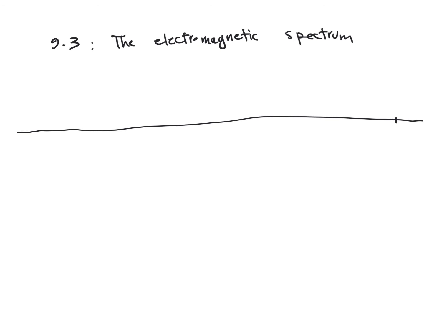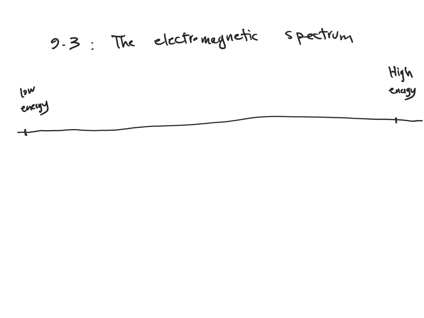And for the electromagnetic spectrum in general, we have the same thing. We have high energy, low energy, and a spectrum in between.